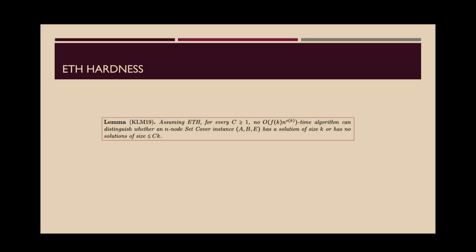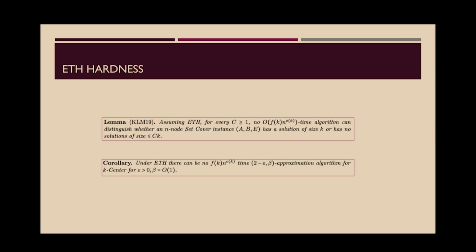The same construction, if we use the ETH lower bound instead of strong ETH, tells us that there's no f of k times n to the little o of k time algorithm that can solve gap set cover. So under ETH, we can't get a better than 2 multiplicative approximation, even when we allow additive error, in a runtime of f of k times n to the little o of k.